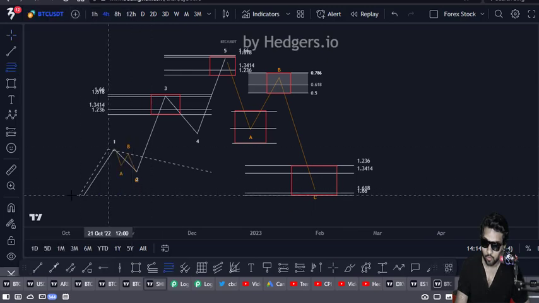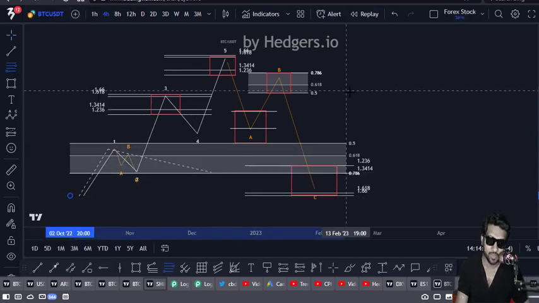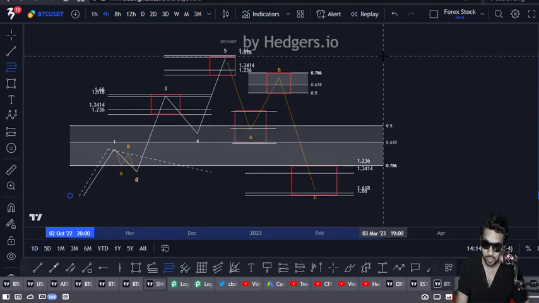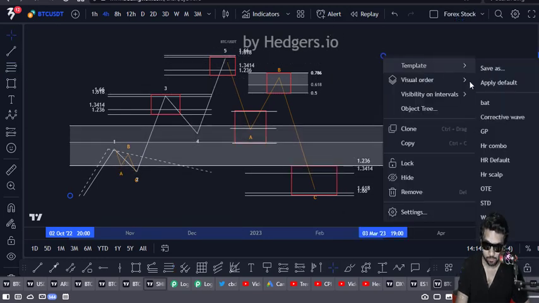Now one more thing is here. When it comes to Fibonacci retracement, you can do a simple tactic to understand the wave C as well.